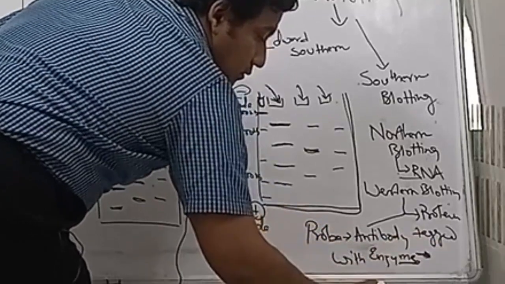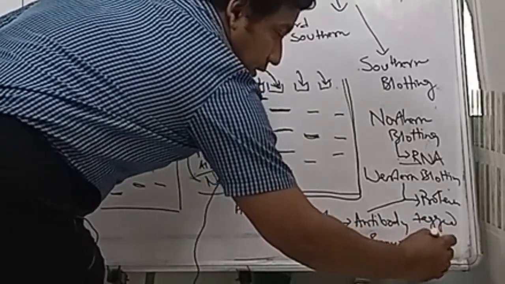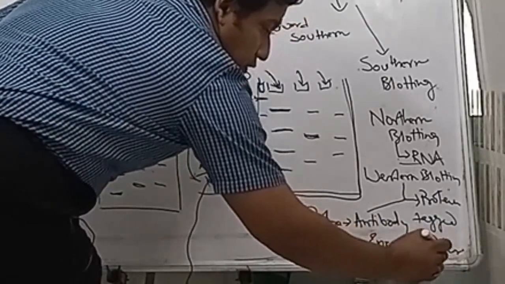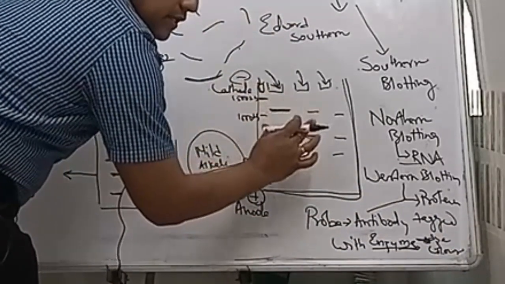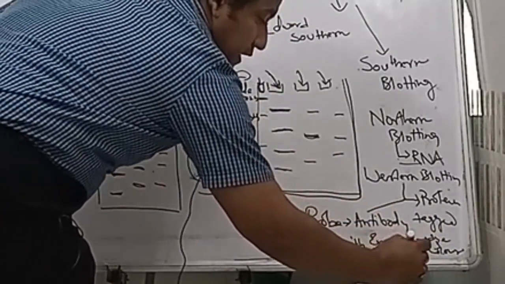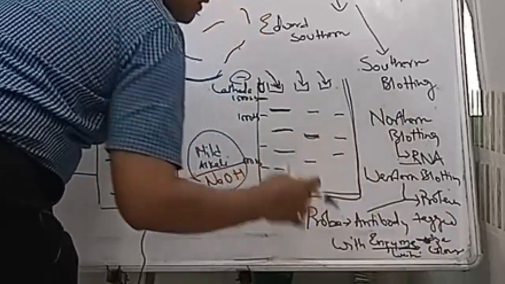say, converting a dye, giving it a color, so we will be able to find a color over here. Suppose we are using, say, luciferase, and this is converting the luminol, and you are going to get a luminescence. So these are the various modalities of detecting the protein bound probe.